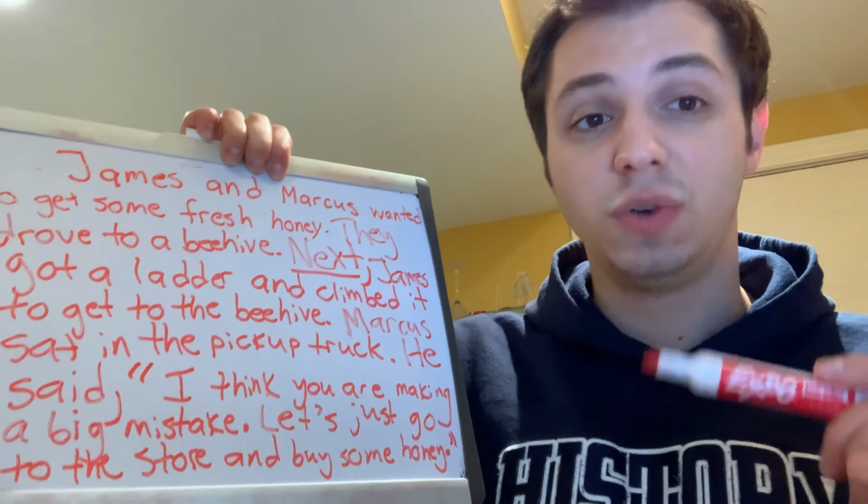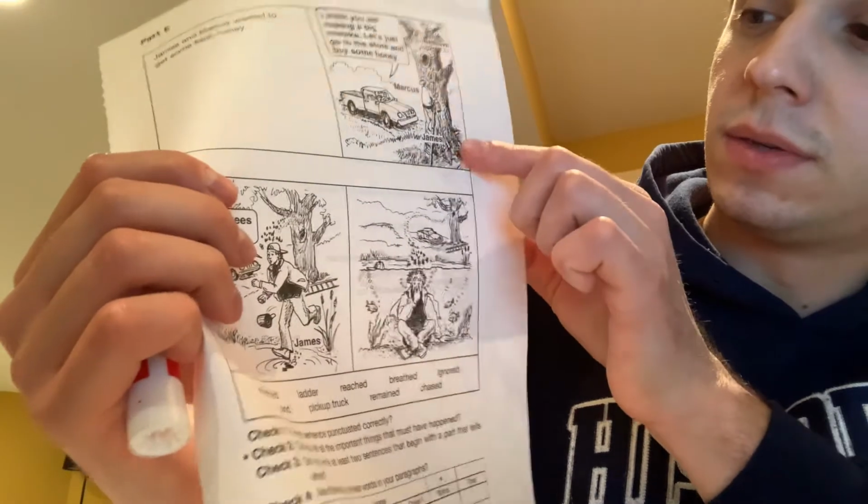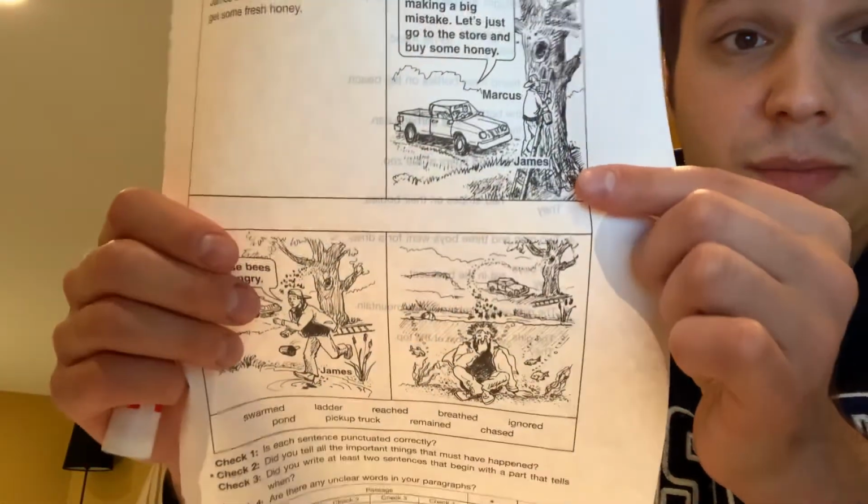And now what I need you guys to do is write your second paragraph. So you're going to have to figure out what will be a good first sentence for your second paragraph. So what do you think happened if we look at the picture where you have Marcus and James, they're at the beehive.